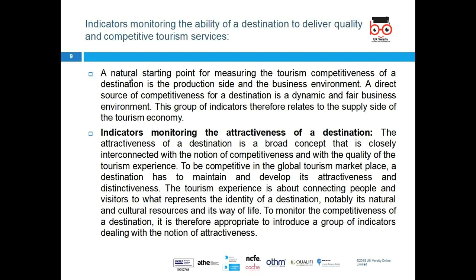Okay, next we look at the indicator, the monitorability of the destination. So we need to regularly monitor the destination's quality and competitiveness. So a natural starting point is measuring the tourism competitiveness of a destination. How competitive is it? Indicators monitoring the attractiveness: what are the key selling points?